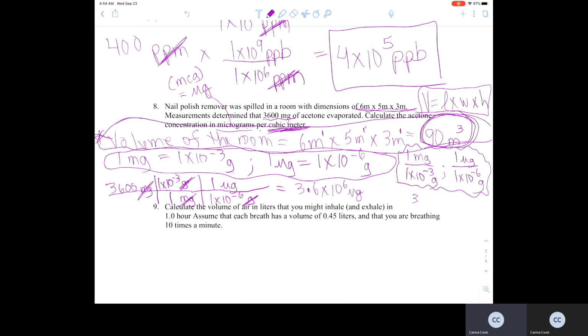So therefore, 3.6 times 10 to the 6 micrograms divided by 90 cubic meters. Kind of running out of space here. So we take our result, our 3.6 times 10 to the 6 micrograms, and divide it by 90.